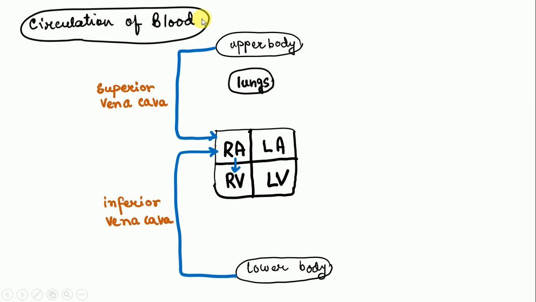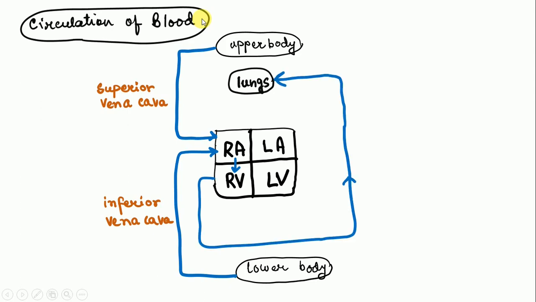From the right ventricle, the blood will be pumped to the lungs for oxygenation, and this is carried by the pulmonary artery. So here we can see that the pulmonary artery is taking the blood from the heart to the lungs, but as it is an artery, it should carry oxygenated blood, but it is carrying deoxygenated blood.